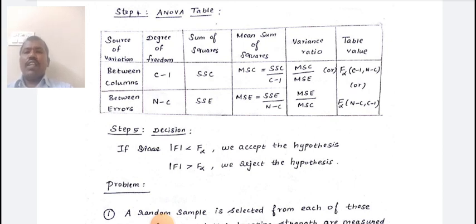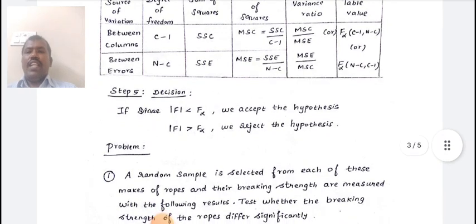Mean sum of squares: MSC equal to SSC by C minus 1, and MSE equal to SSE by N minus C. Variance ratio: MSC by MSE, or MSE by MSC, whichever is greater, and the table value is F alpha. Finally, accept or reject the hypothesis.